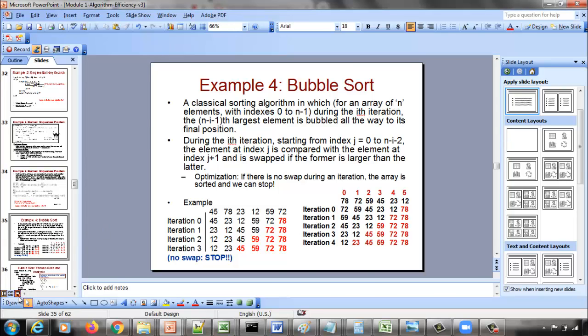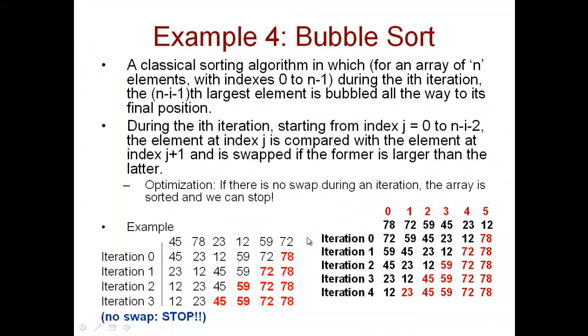Okay, so given an array like this, all we are going to do is start again, similar to the previous algorithm, with one index, but here you are going to compare it with its immediate right. So start with 45, compare it with 78.